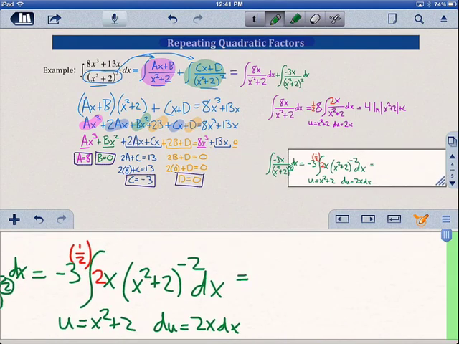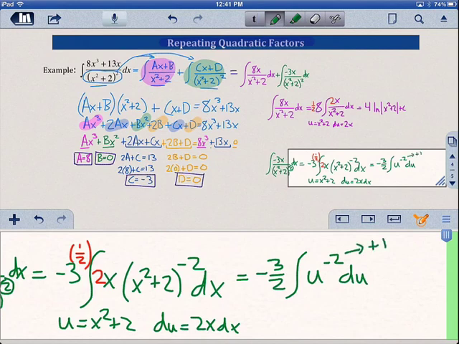So now I can rewrite this as -3/2 times the integral of u to the -2 du. And I can just use the power rule. So remember, I need to add 1 and then divide by that new number. So we're left with -3/2 u, well, -2 plus 1 is -1, and then divided by -1.